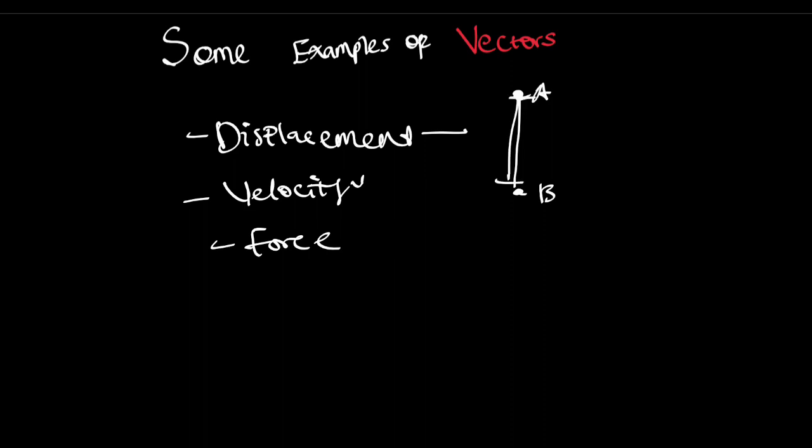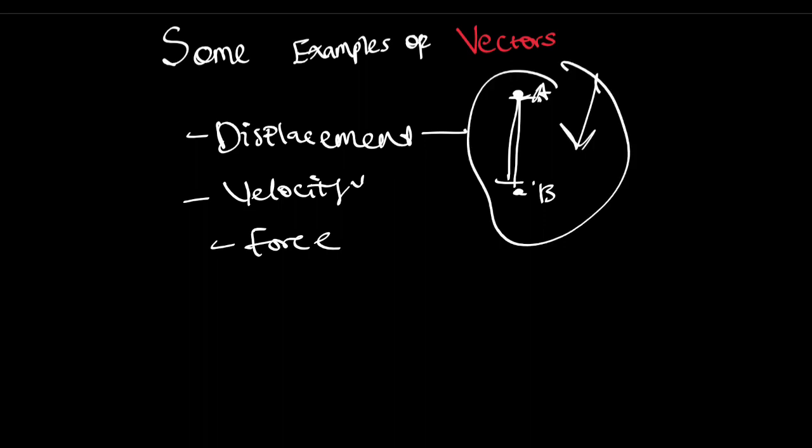That is, it has both magnitude, the distance traveled, and the direction from A to B. From this example, if I'm moving this side, I'm moving towards the south; if I'm moving up, I'm moving towards the north direction.